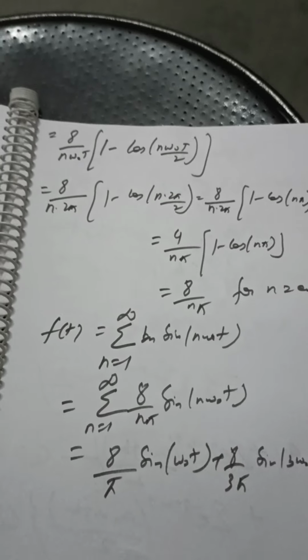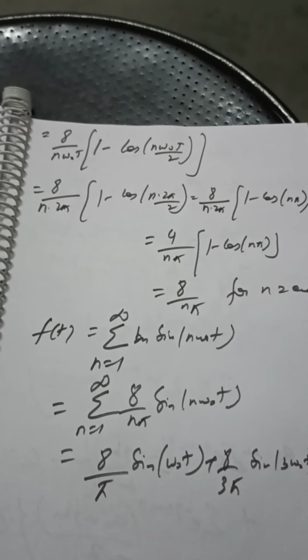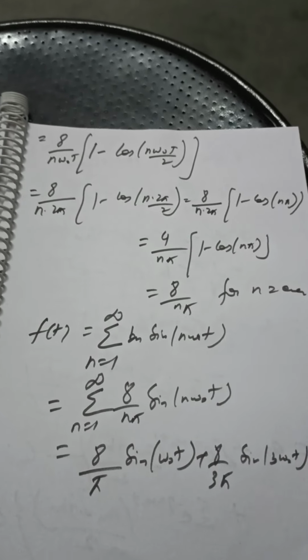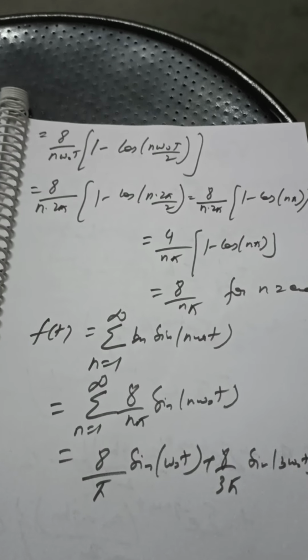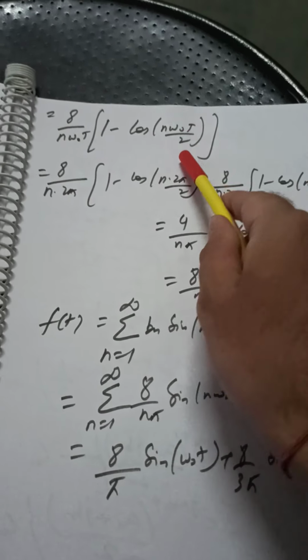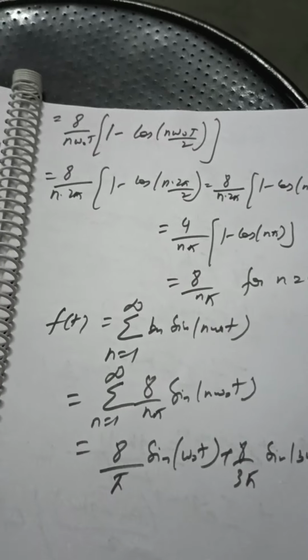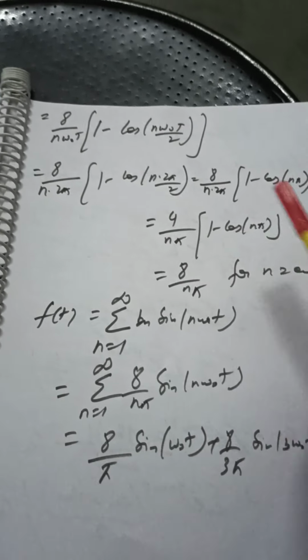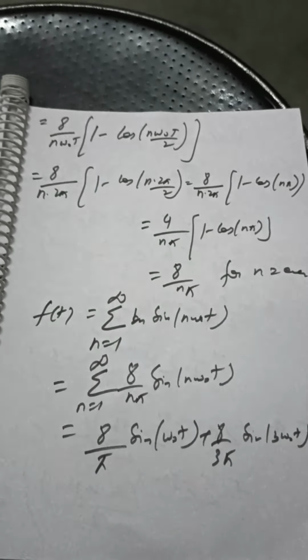Omega naught T is sure to have the value 2 pi. So this term will automatically reduce to n pi. I think this is quite evident.